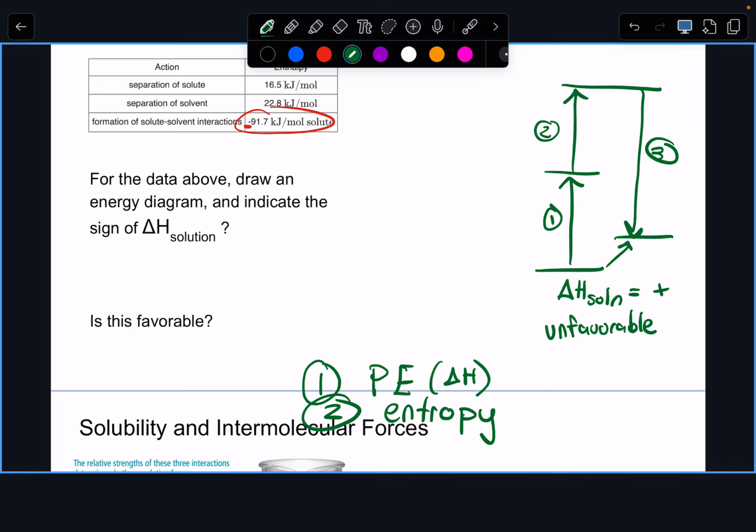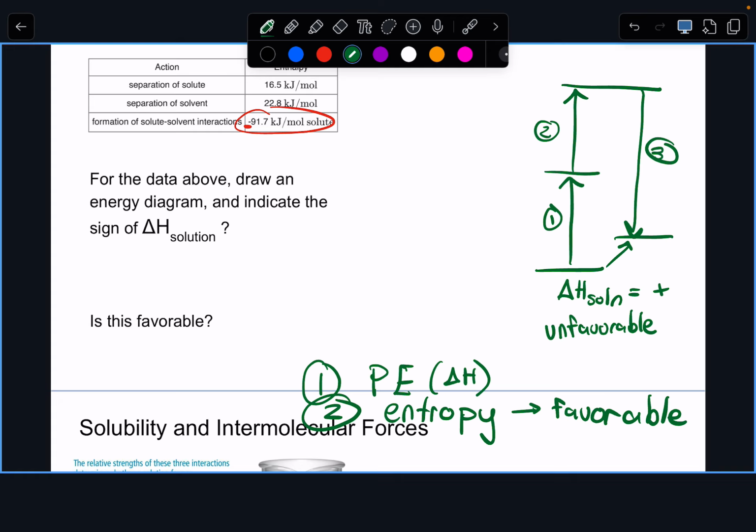With dissolving things, the entropy is always favorable, which means the potential energy could be favorable or it could be slightly unfavorable and still occur. Because entropy and potential energy are also like a balance thing. As long as this one isn't too unfavorable, it can be outweighed by entropy.